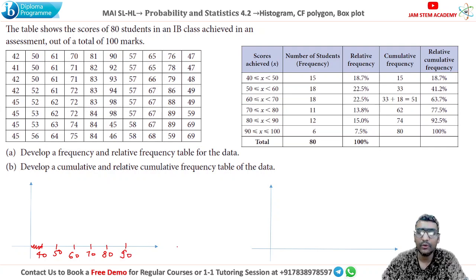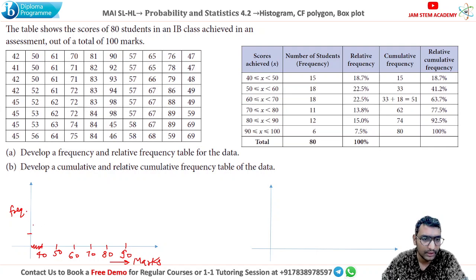We write our x values, or the independent variable values, along the horizontal axis and the dependent variable along y. So here I will write the frequencies along y and marks along x. Now we have the frequencies like 6, 12, 11, 18, 18 and 15.